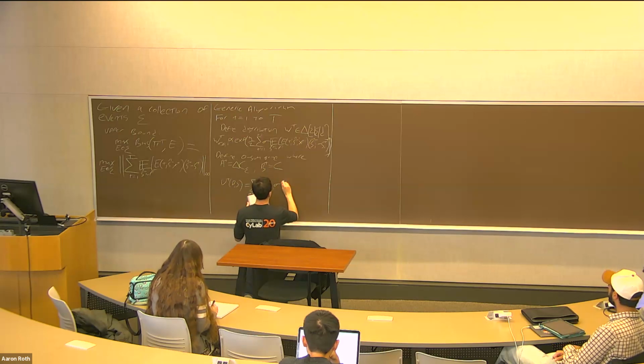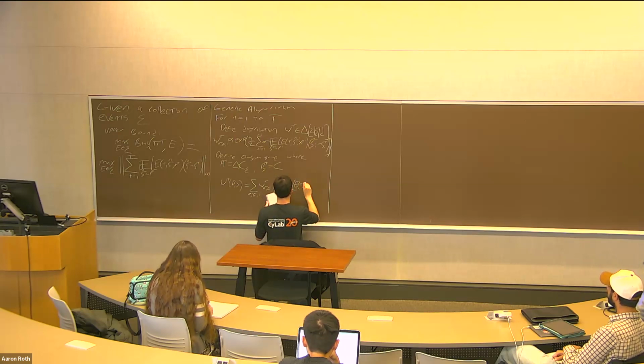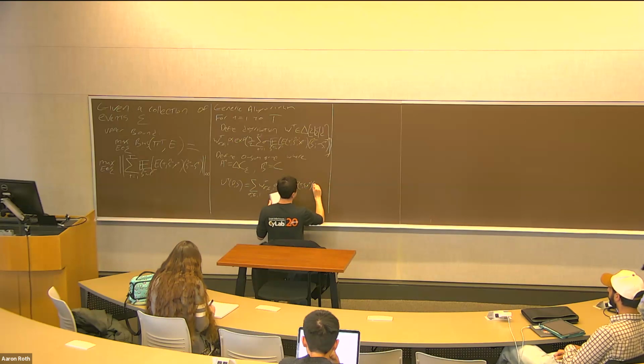So sigma times the expectation of today's prediction of the indicator for the event, times the one round bias of our prediction in coordinate I.